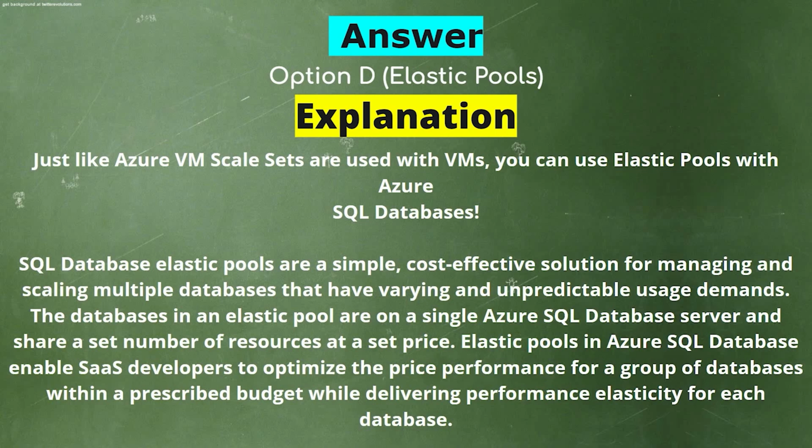The databases in an elastic pool are on a single Azure SQL database server and share a set number of resources at a set price. Elastic pools in Azure SQL database enable SaaS developers to optimize the price performance for a group of databases within a prescribed budget, while delivering performance elasticity for each database.